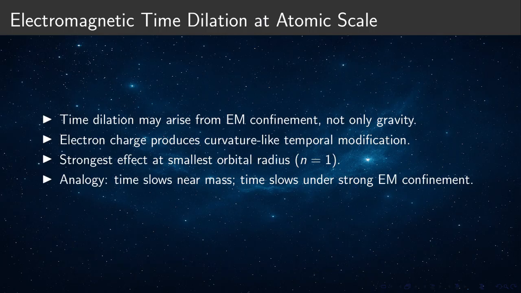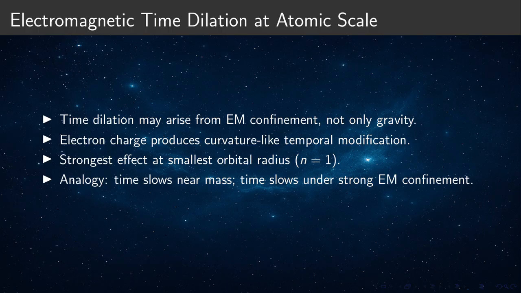Electromagnetic time dilation and atomic scale relativistic structure. This expression suggests a significant extension of relativistic interpretation. Time dilation may not be exclusively a gravitational phenomenon associated with macroscopic masses, but may also emerge from intense electromagnetic confinement at atomic scales.